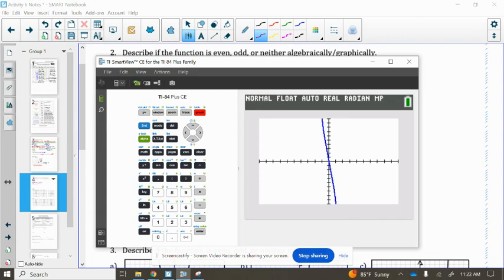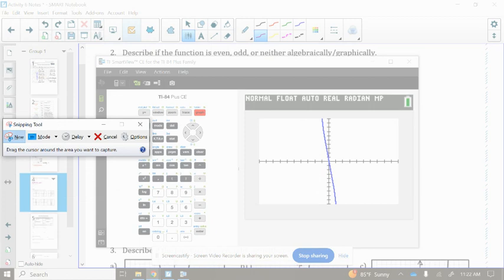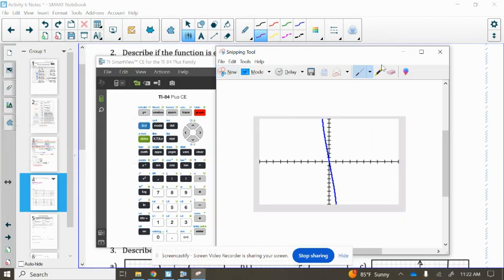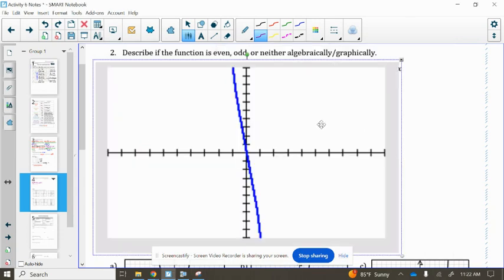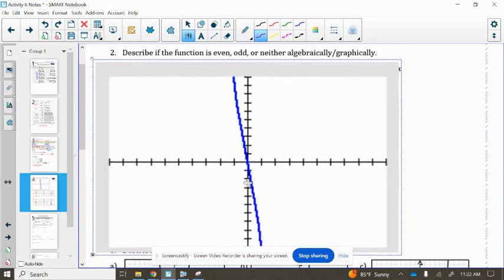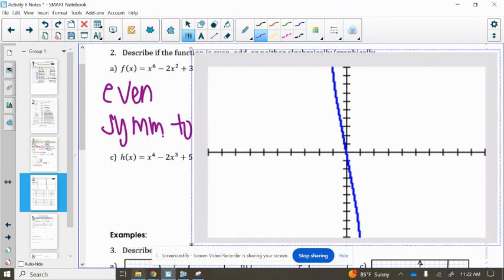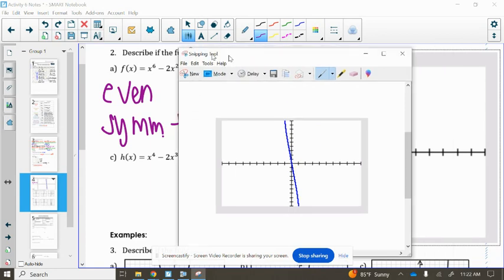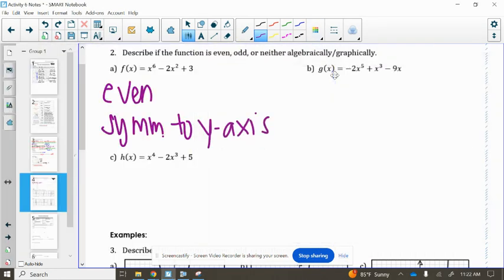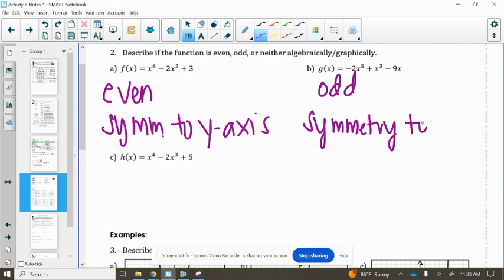What happens on this one is if we take this graph and flip it upside down and it looks the exact same as the original, we know it's odd. If we compare this graph to its original, those look identical, right? So we could say this one is an odd function because it has symmetry to the origin.